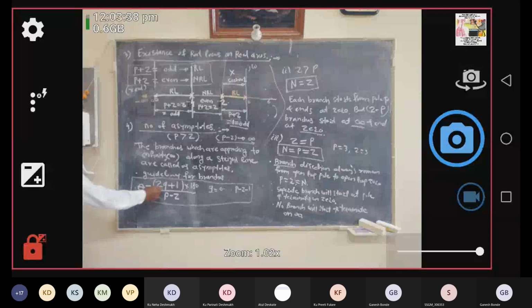Then write down step number 5. Next step number 5 is the determination of the centroid, which is also called the center of asymptote.